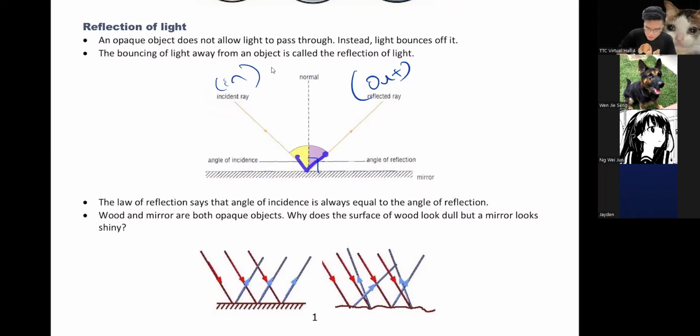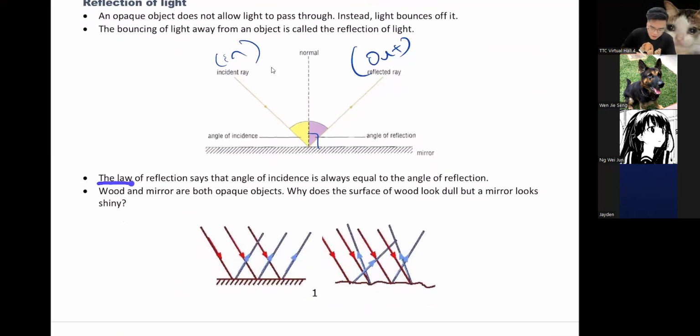So when they bounce off, you create a reflected ray. So this is the angle of reflection. Can you see this purple color angle? This is the angle of reflection. You might say, so we look at the angle for what? Because the law of reflection says, please highlight this: angle of incidence is always equal to angle of reflection.